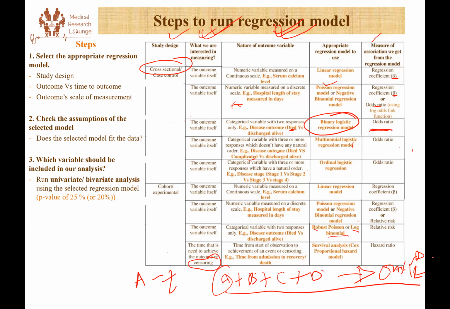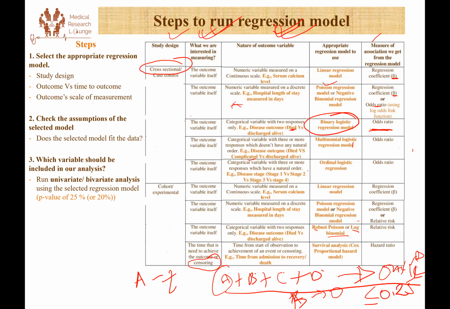We run univariate or bivariate analysis using the selected regression model. That means we run the regression model by using A with the outcome, B with the outcome, one by one, independently, one-to-one analysis. We just run that and we will see if the p-value is less than 0.2 or 0.25.